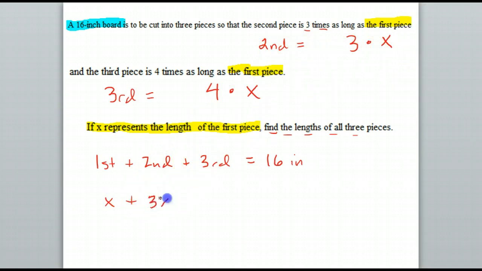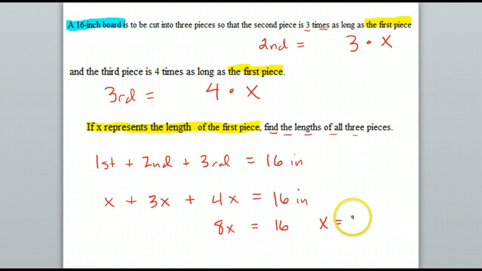And then the third is 4X. So that's what adds up to 16 inches. And if I add these together, X plus 3X is 4X. 4X plus another 4X is 8X, equals 16 inches. So dividing both sides by 8, I get X is equal to 2 inches.